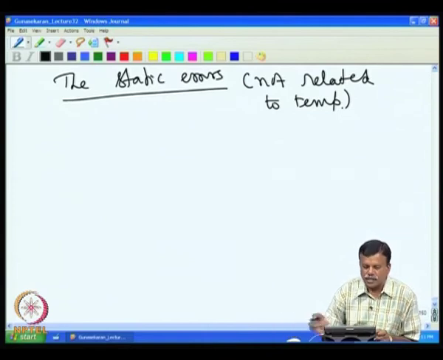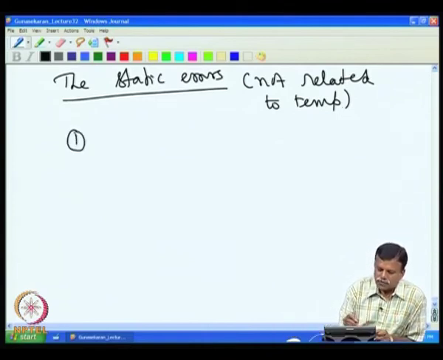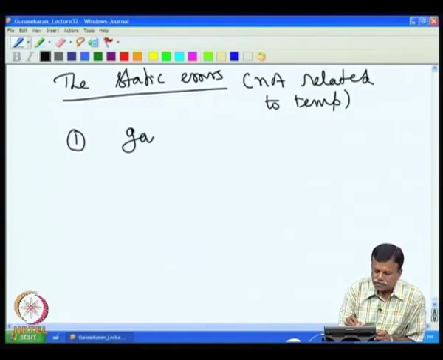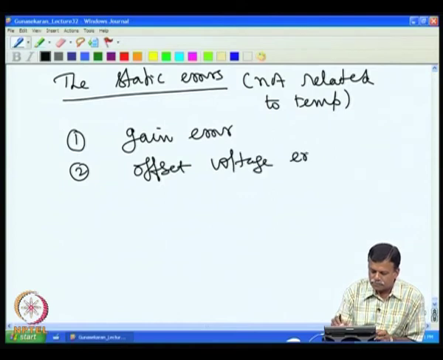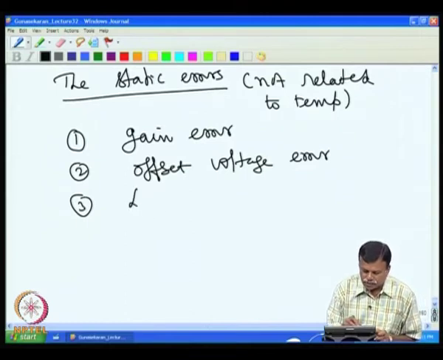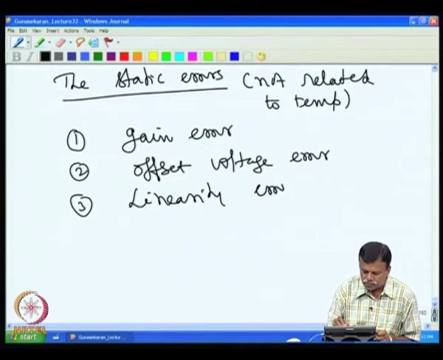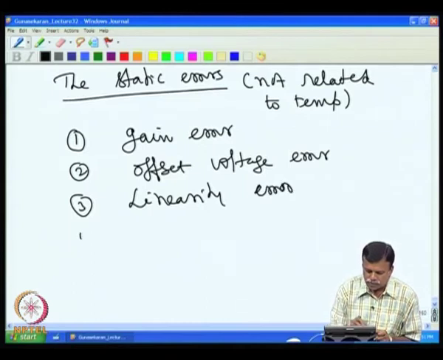They are: gain error, offset error, offset voltage error, then linearity error, then differential linearity error.